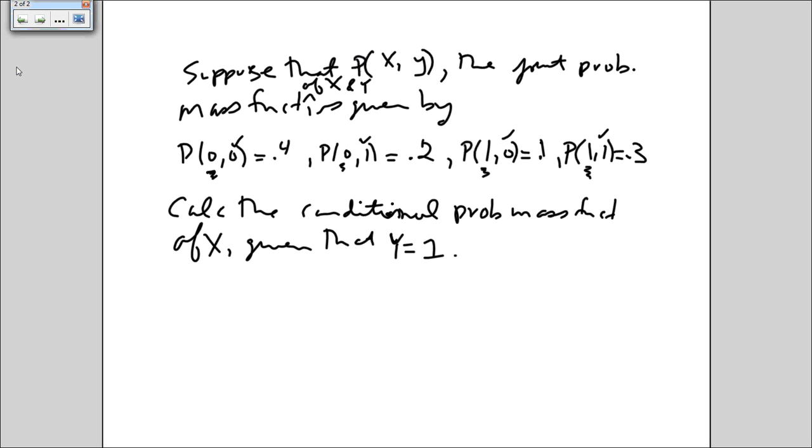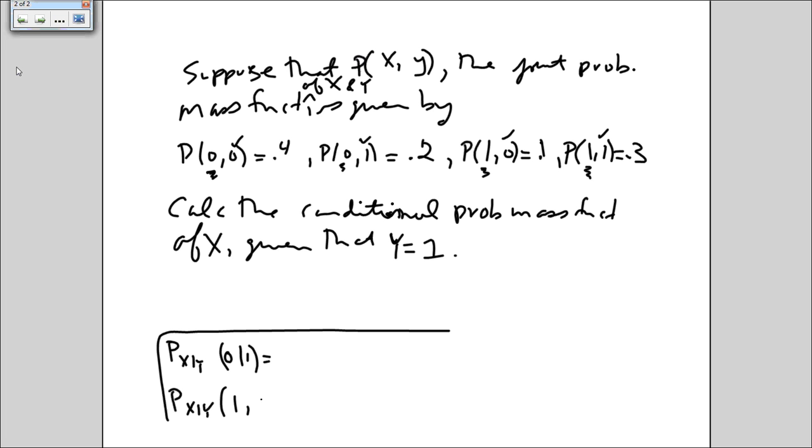So basically, we want to know P of x given Y, of 0, x being 0, given that y is 1. And I also want to know when x is 1. Y is always 1, but x can be 1. What do these two equal?